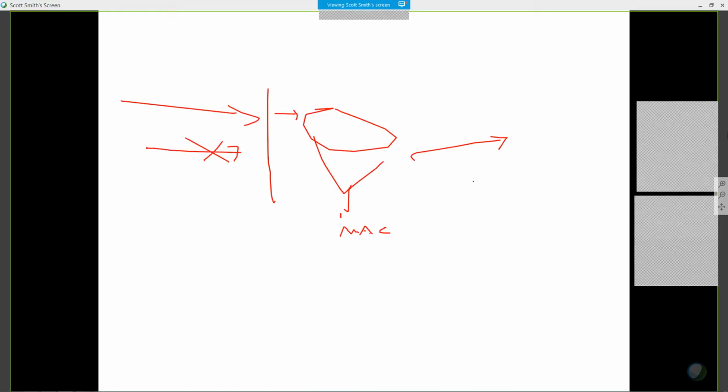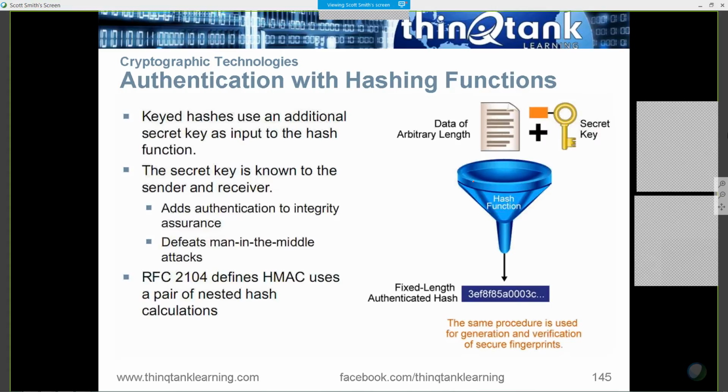There's nothing to stop that from happening. Follow what I'm saying? So, there's no authentication of the message. There's integrity of the message, but there's no authentication of the message.